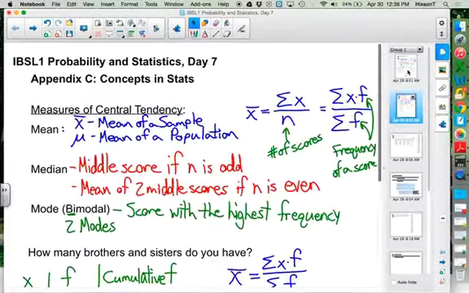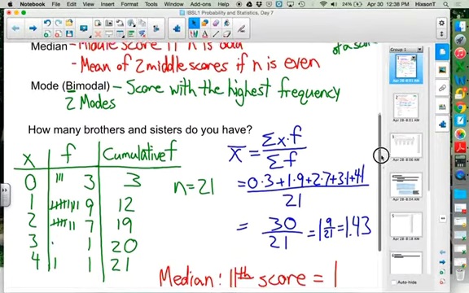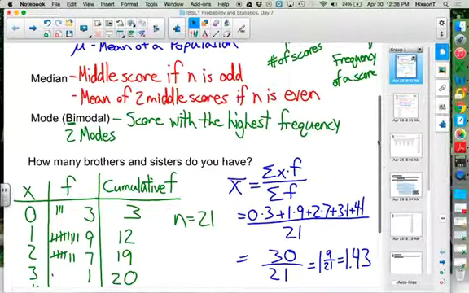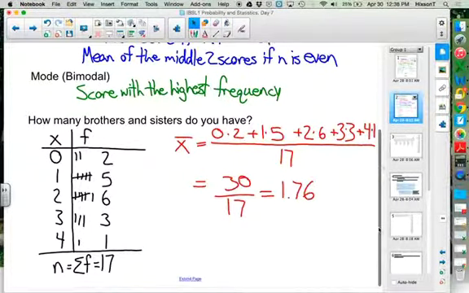So actually, let me see something here. You guys have more siblings on average than third period did. Okay, it's kind of interesting. Yeah, there you go. They had 1.43. You guys have about a quarter more sibling than they do. All right. So, does anyone have any questions about how we calculated that?